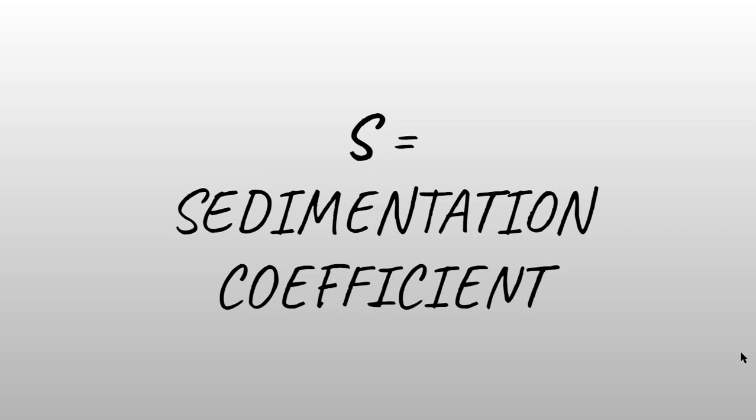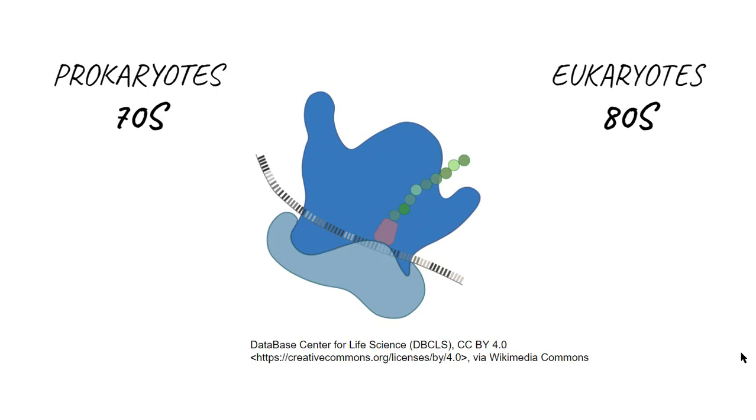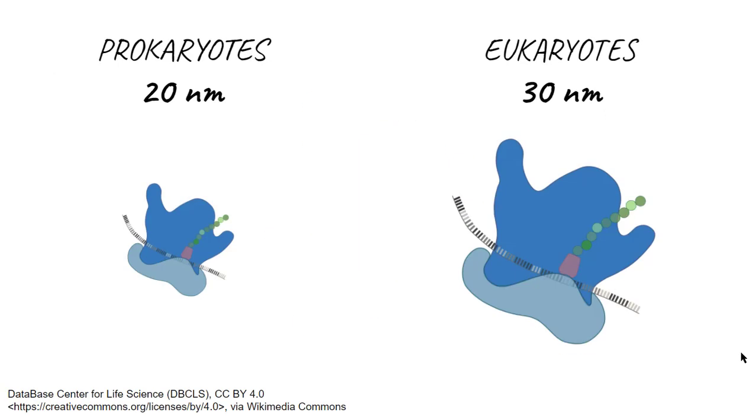S stands for sedimentation coefficient, which is a measure of how quickly they sediment when undergoing centrifugation. 80S ribosomes sediment faster than 70S ribosomes. Also, prokaryotic ribosomes are smaller, with an average size of 20 nanometers, as compared to the 30 nanometer ribosomes of eukaryotes.